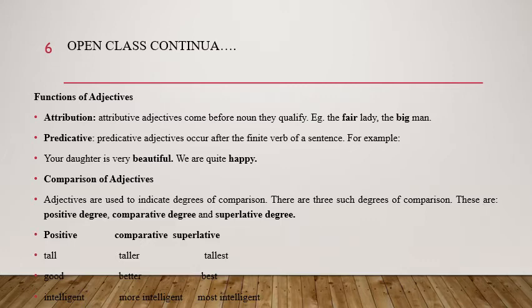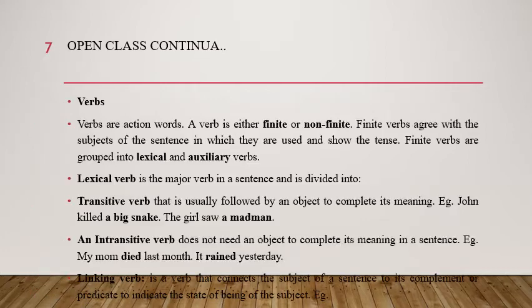When we talk of taller, then we all know that you're trying to make a comparison between one thing and the other. While for the superlative, we have tallest. So we have tall, taller, tallest. Good, better, best. Intelligent, more intelligent, and most intelligent.